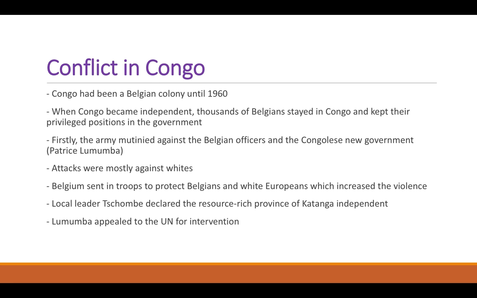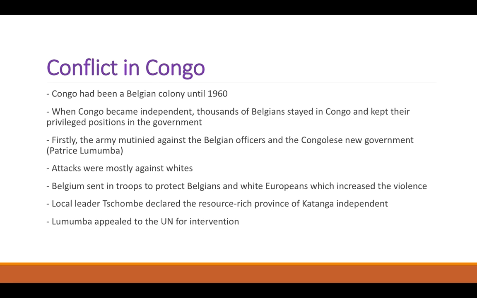Firstly, the army mutinied against the Belgian officers and the new Congolese government led by Patrice Lumumba. So the army was unhappy about Belgians staying in Congo, and also they disliked the new government of Congo with the headship of Patrice Lumumba. Secondly, they were mostly attacking the white population of Congo.